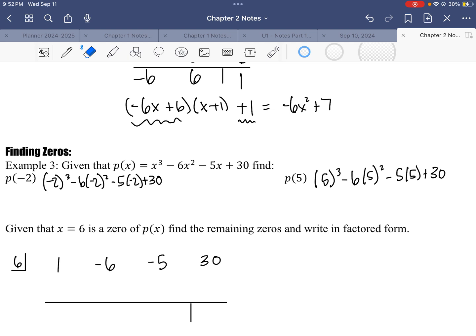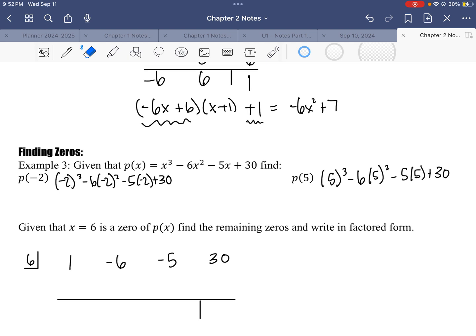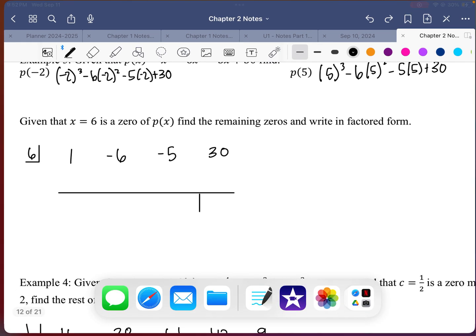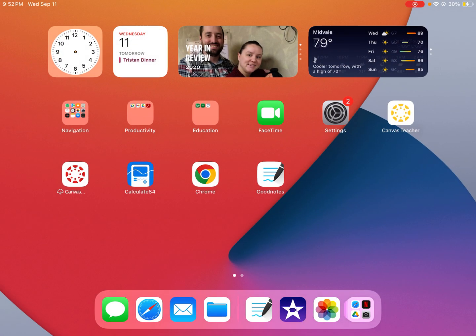Given that you have this polynomial, it wants us to find p of negative 2 and p of 5. I'll explain why in just a second, but let's actually go ahead and figure out what those would be. I would just plug this all into a calculator. Okay, so let's go ahead and get a calculator up here.